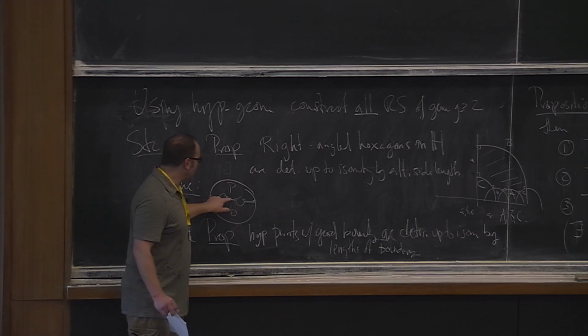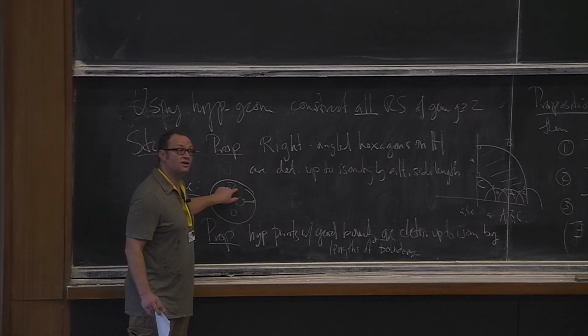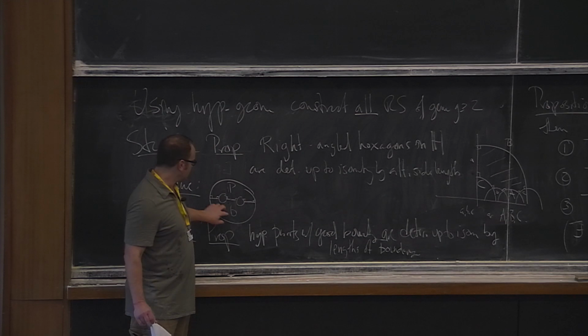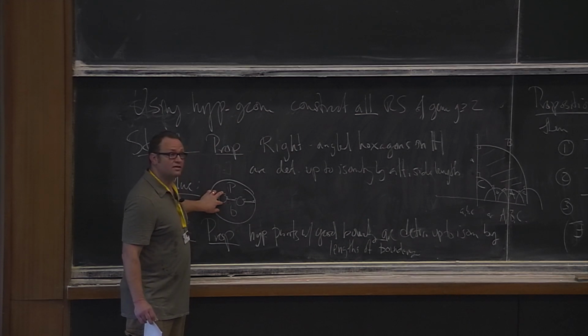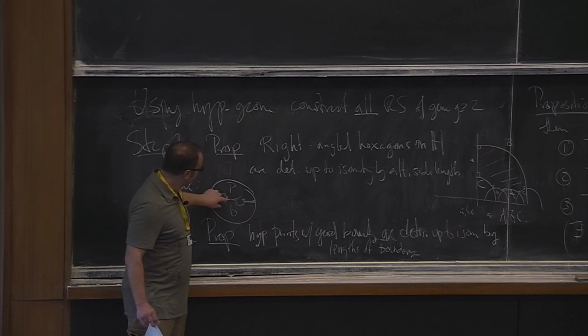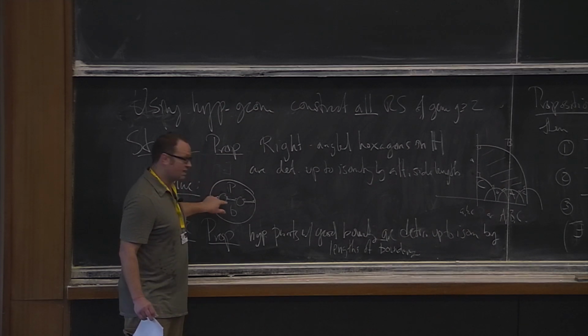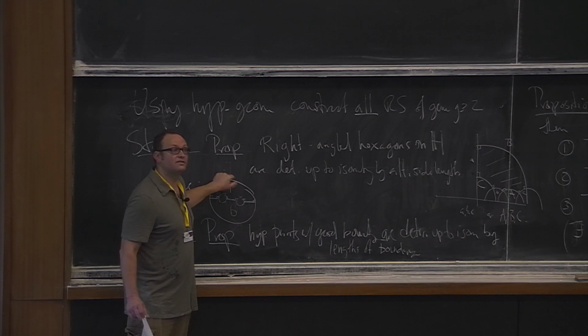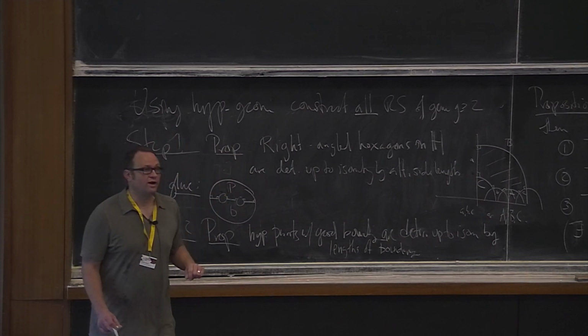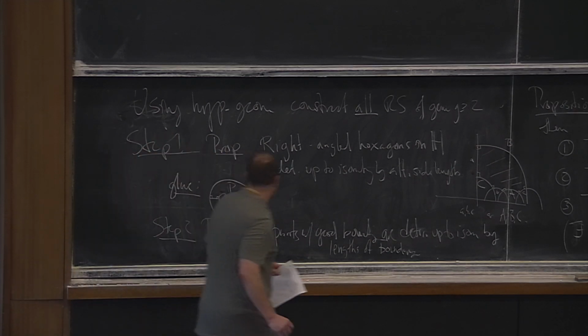Then I know that the lengths of these are the same, so the two hexagons are isometric. That tells me the lengths of these arcs are the same. But then this arc is half the length of this circle, and so these alternating arcs tell me the length of the pants. Okay? All right, so maybe that's quick, but that's an exercise.